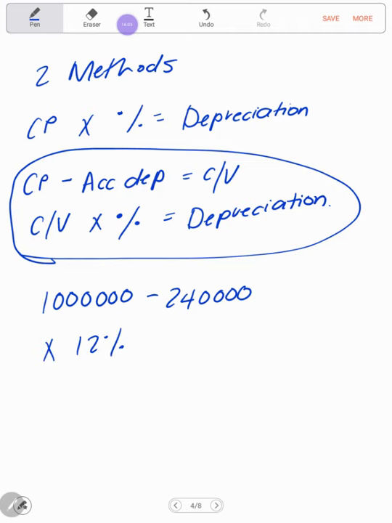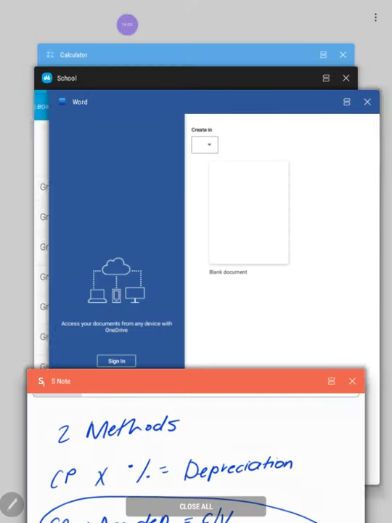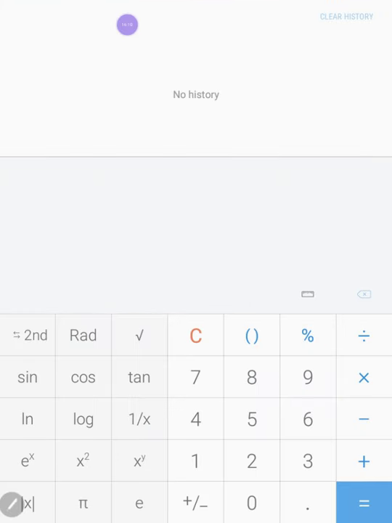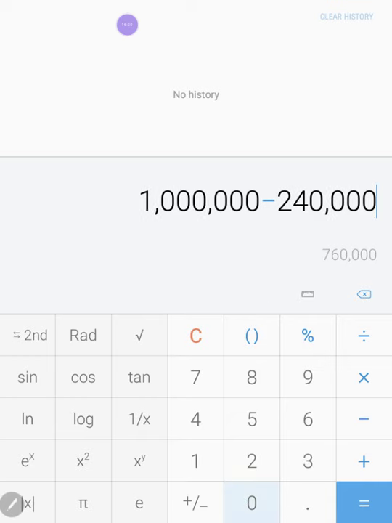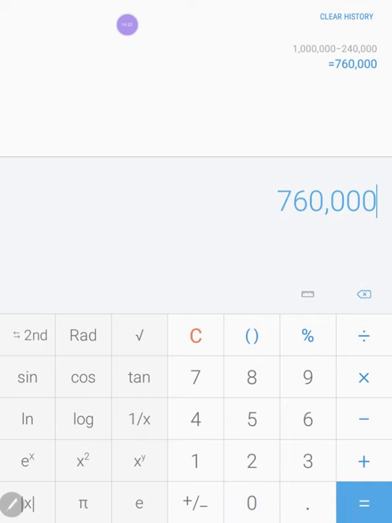So let's go to our calculator. It's 1 million rand. Subtract accumulated depreciation of 240,000, which gives us a carrying value of 760,000. I'm taking that carrying value and I'm going to multiply it by the 12% rate which they have given us.